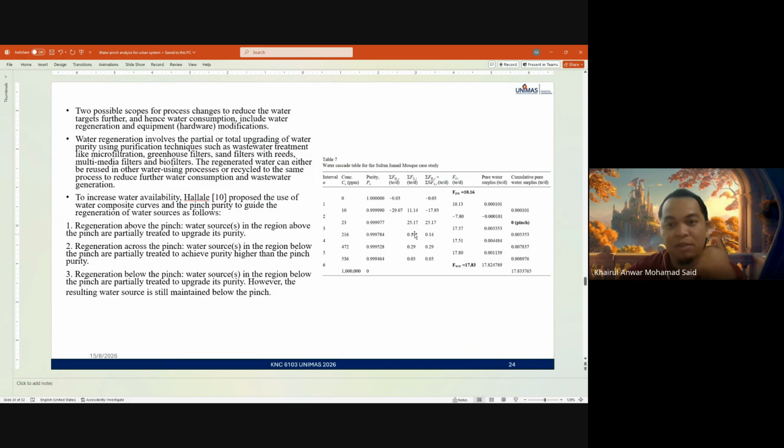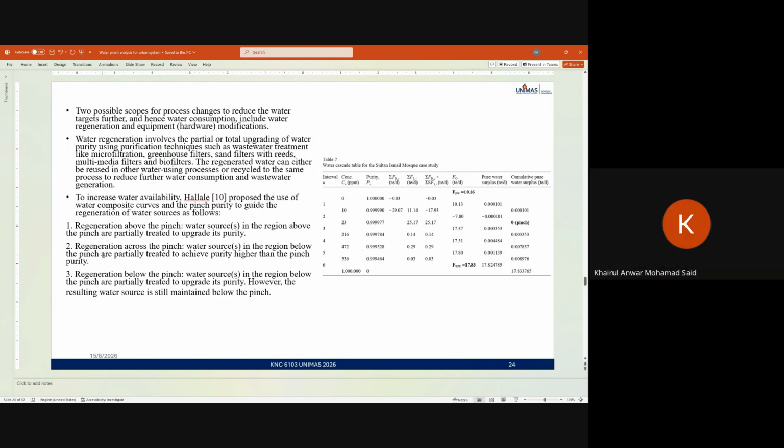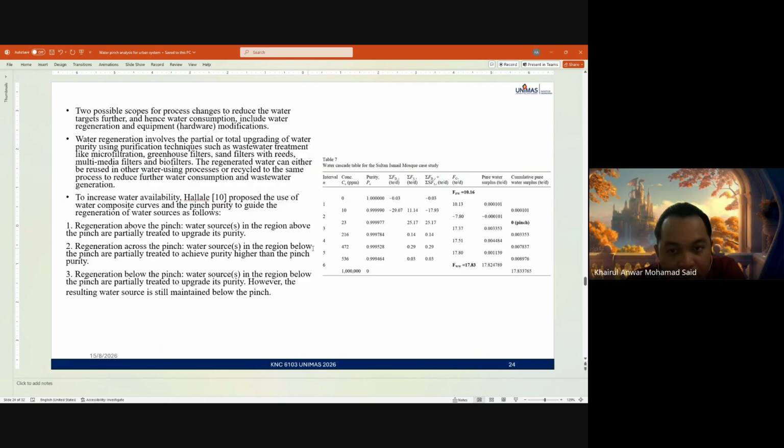If you want to treat it, because this concentration is 216, in order to use this water 0.14, you need to treat it above the pinch purity, higher than the pinch purity, which is 23. That's far.